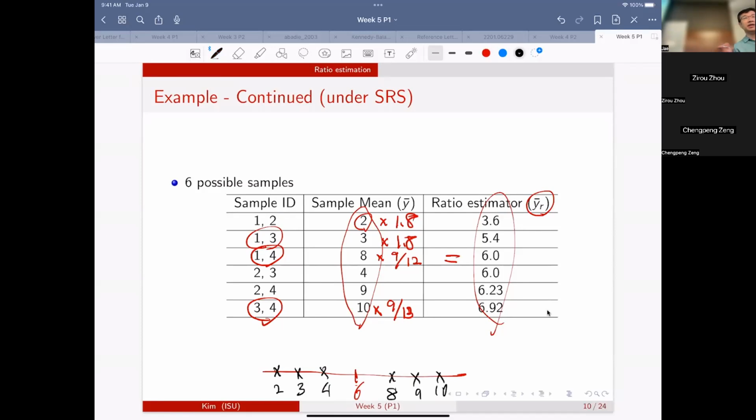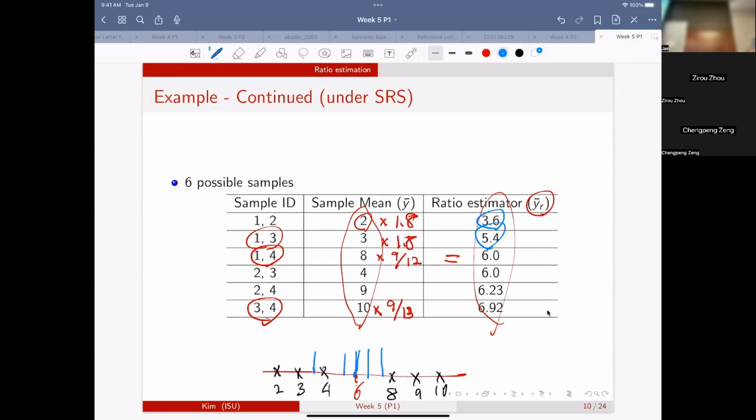That is the distribution of the sample mean. While for the ratio estimator, the smallest one is 3.6, and then 5.4, 6, 6.23 and 6.9.